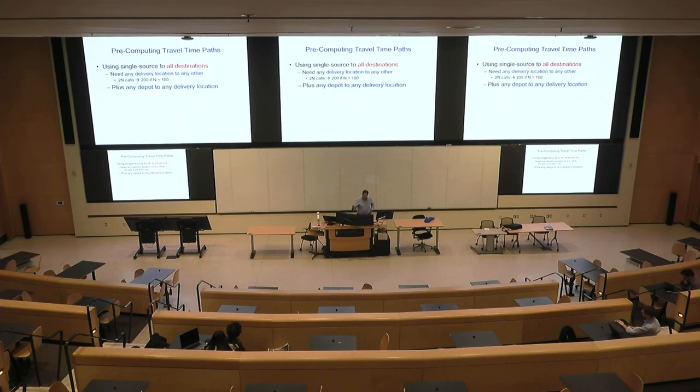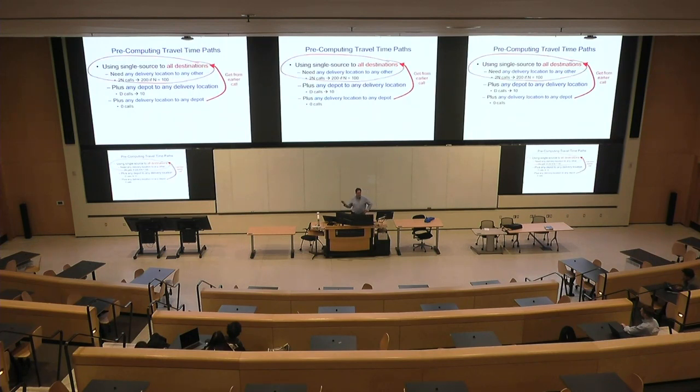I also need to get the path from any depot, right? Because I want to choose which depot to start at as well. But that's a small number of calls too. So I just start at a depot and run this same algorithm and, in one shot, find the shortest path to every delivery location. And then I also want the delay from every delivery location back to the depots, but I can get this in the same call.